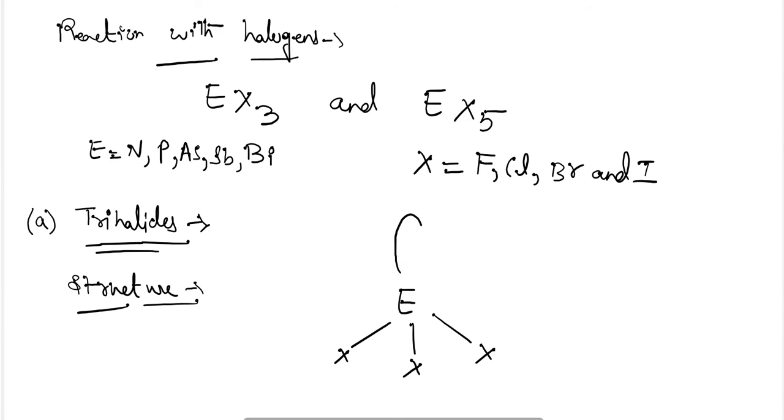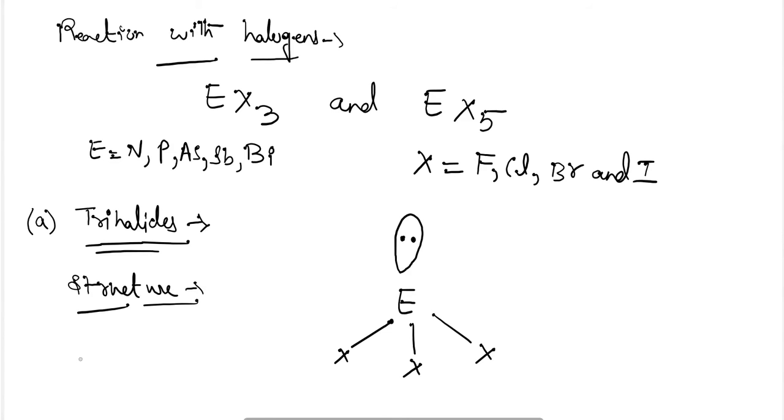Not tetrahedral, sorry, it is pyramidal, somewhat like this with a lone pair on the group 15 element, and X are the halogen atoms. So sp3 hybridization will be found here, and after sp3 hybridization the covalent bonds will be formed with the halogens. And the structure is the pyramidal structure.